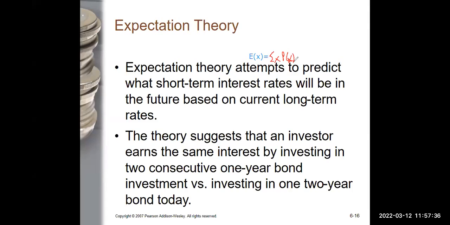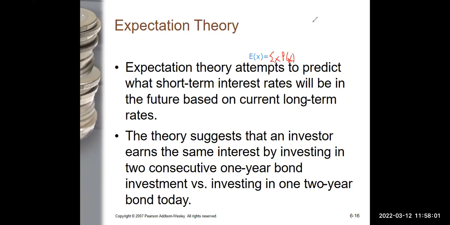And this expected future profit can be determined by just multiplying the probabilities with the outcomes and taking their summations. All right. So the similar thing happens in this expectations theory. You try to forecast the average future returns of the assets.